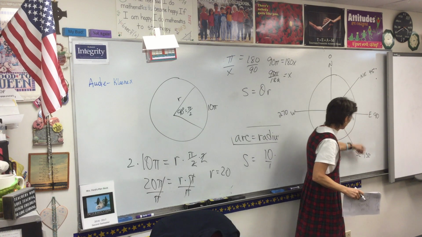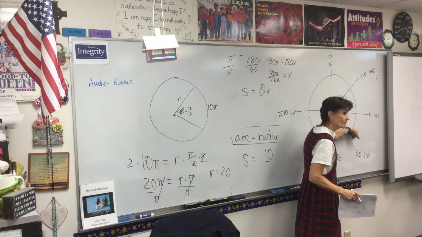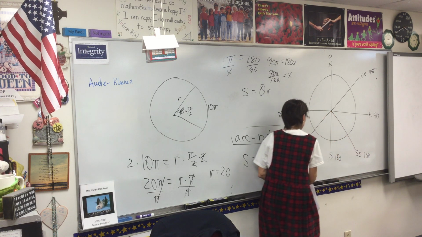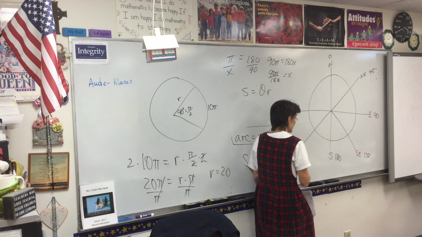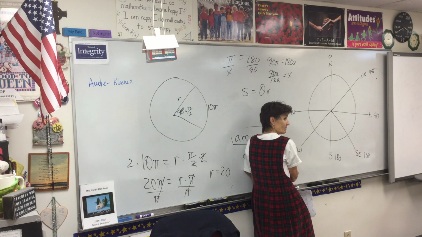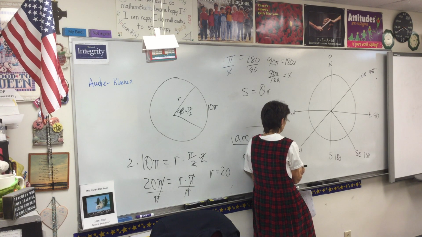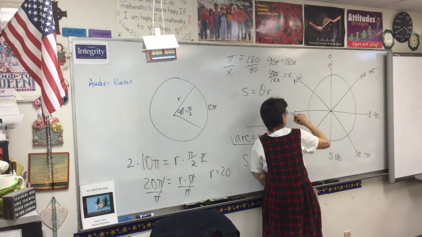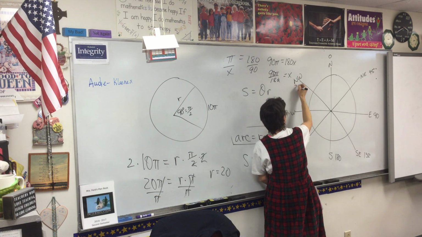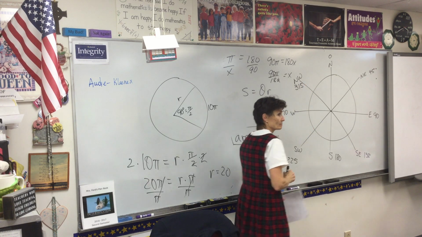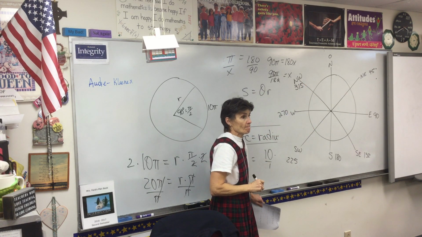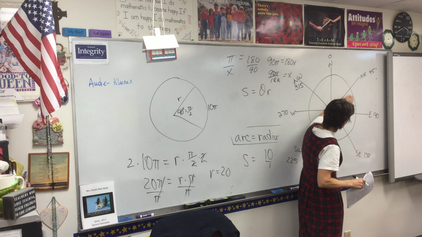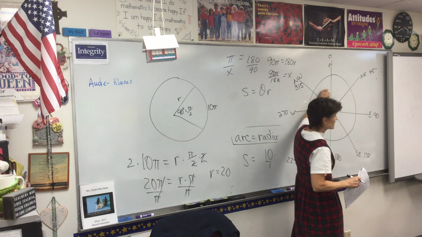So when I split it in half, isn't that 45? And there's another 45. And when I come over here and do southwest, this will be another 45, 225. And finally, when I do northwest, this will be another 45, 315. So all these lines I have drawn up here are 45 degrees apart. Does that make sense to you?